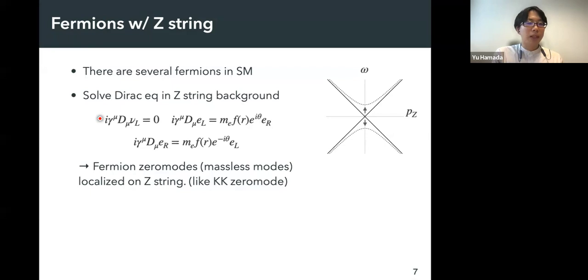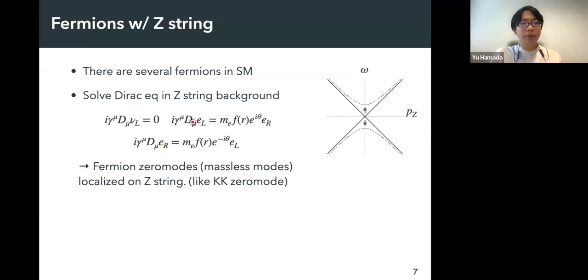What happens when we consider such a coupling? Let's solve the Dirac equation in the background of the Z string. Let's concentrate on the lepton sector in the standard model and ignore the quark sector. Then we get the left-handed neutrino and the left-handed electron, and we also have the right-handed electron, for one generation.